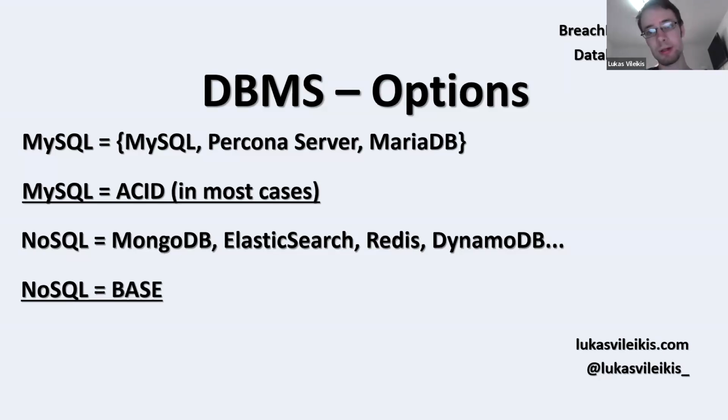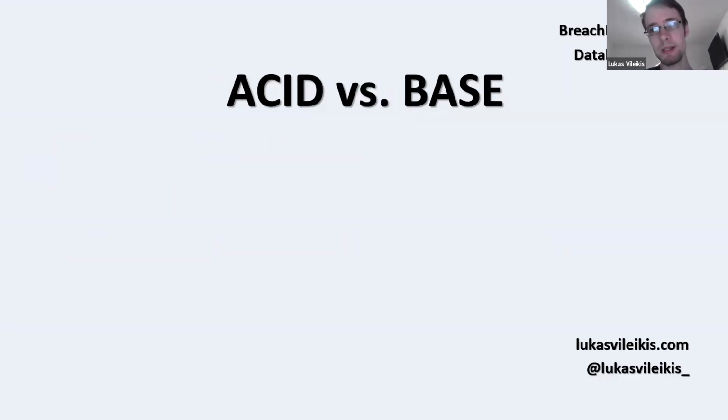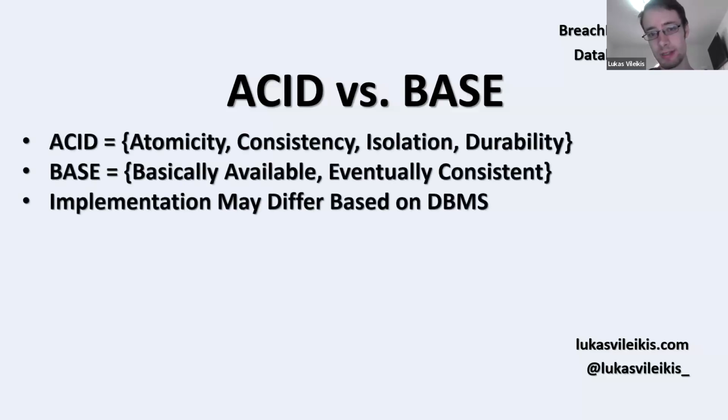NoSQL will usually support BASE functionality, which in essence means that your data will be basically available and eventually consistent. What this means is that your data may or may not be consistent, but it will be available.